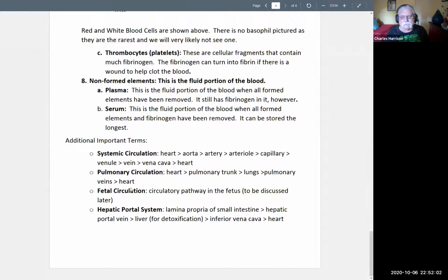Some additional terms, okay, and we'll be going over all of these. Systemic circulation is through the system of the body. It would begin at the heart, to the aorta, to the artery, to the arteriole, to the capillary. Just exactly what we said a moment ago. Coming back through the venule, to the vein, vena cava, and the heart.